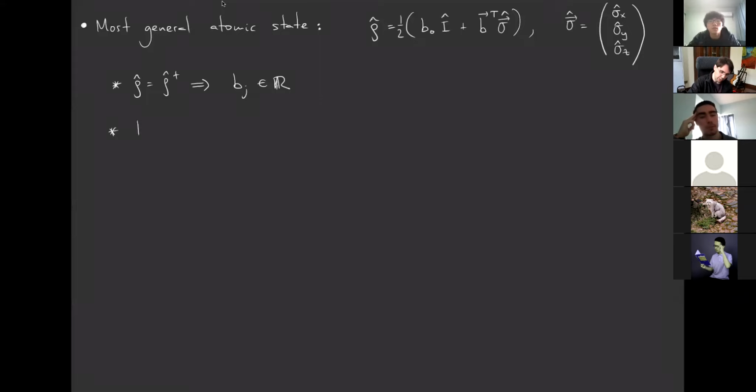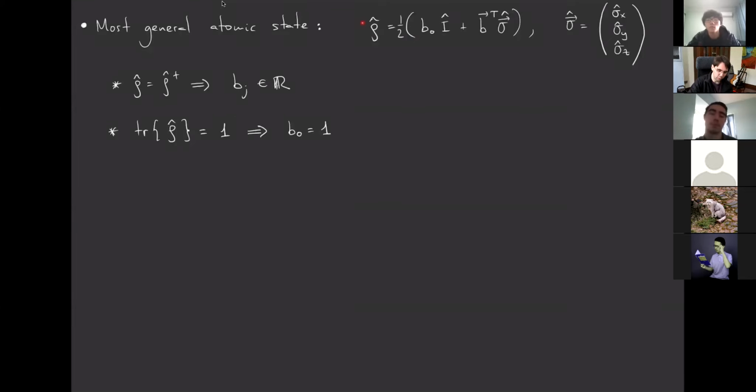Second, as you know very well from the exercises, because the trace of the state needs to be equal to 1 so that we can give it a probabilistic interpretation and so on, this automatically means that B0 has to be equal to 1. And why is this?